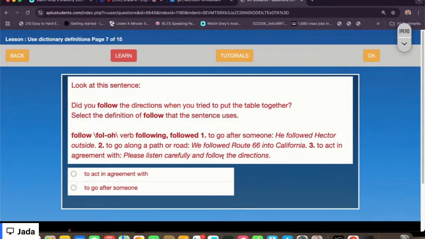Did you follow the directions when you tried to put the table together? So is it to act in agreement with, or to go after someone? So what is the right answer for follow here?